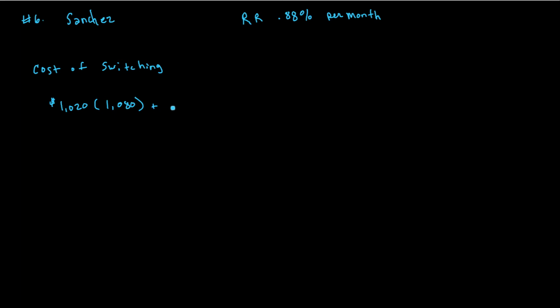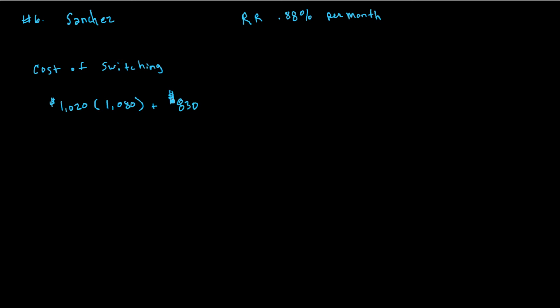What costs are incurred to switch? Well, the variable cost is going to be $830. Basically, that means for each unit we produce, it costs us $830. If we produce one unit, our variable cost is $830. If we produce 2 units, our cost is going to increase by the same amount, so it's going to be 1660.